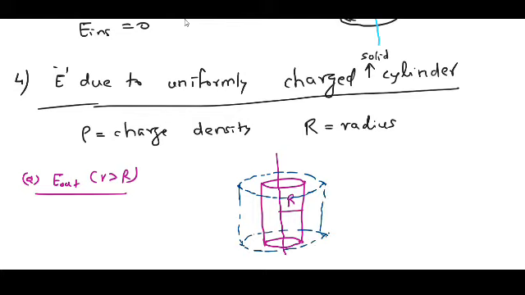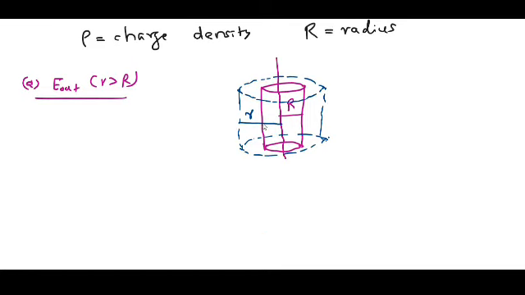The radius of the Gaussian surface is small r. Suppose this cylinder is uniformly and positively charged, the electric field lines will be emerging away, along this direction.